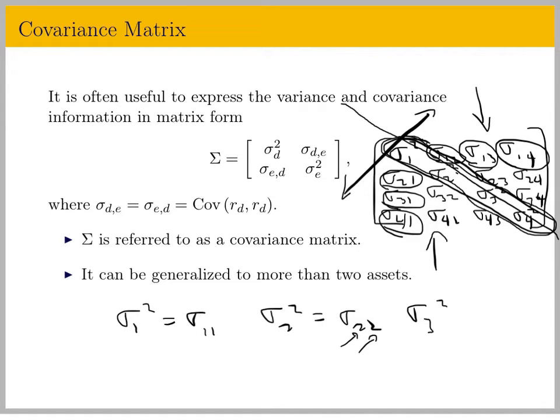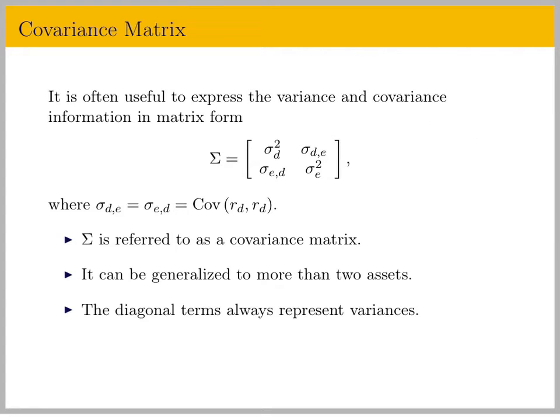So sigma 3 squared is equal to sigma 3,3. Even though these are variances on the diagonal, I just think of them all as covariances, so every position is a covariance. It's just summarizing the covariance of each asset with each other asset, including itself. And so as I've already noted, the diagonal terms represent variances, and the off-diagonal terms represent covariances.